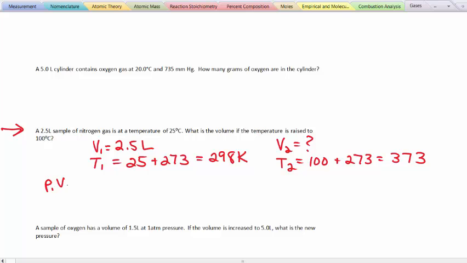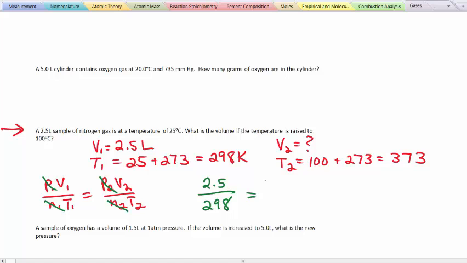All right, so I do P1 V1 over n1 T1 equals P2 V2 over n2 T2. In this, I'm not changing the moles. Those are constants, they go away. I'm not changing the pressure either. And so that leaves me with V1 over T1, so 2.5 over 298 is equal to V2, which is my unknown, over T2, which is 373.